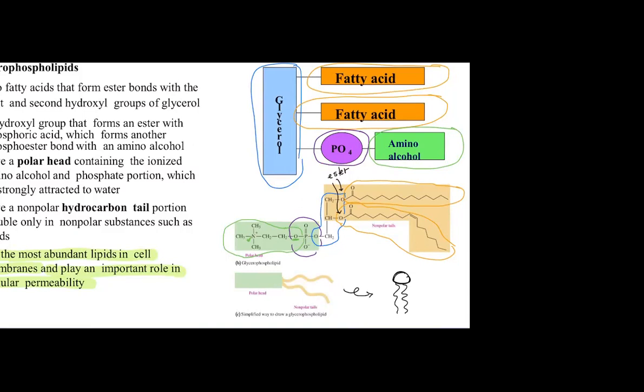Remember that for a soap, we only have one squiggly line, specifically because we only have one nonpolar tail. So this is the polar head. This is just another way that this can be illustrated, okay?